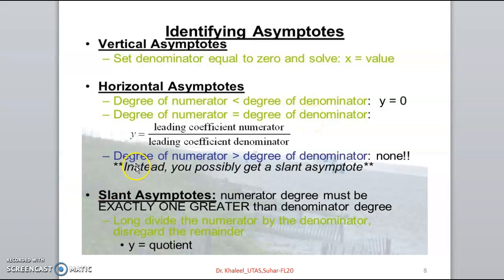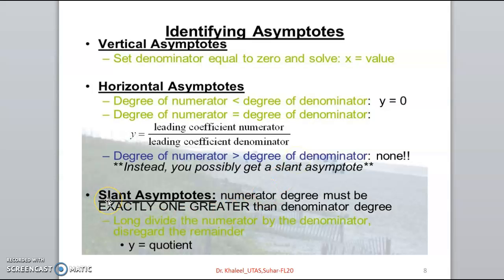In the third case, if the degree of the numerator is greater than the degree of the denominator, remember there is no horizontal asymptote. Then what we get is a slant asymptote. You will get the slant asymptote when the degree of the numerator is greater than the degree of the denominator.